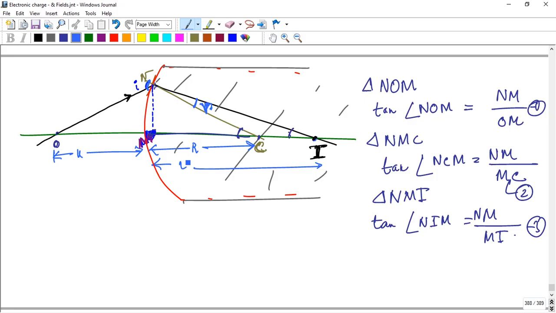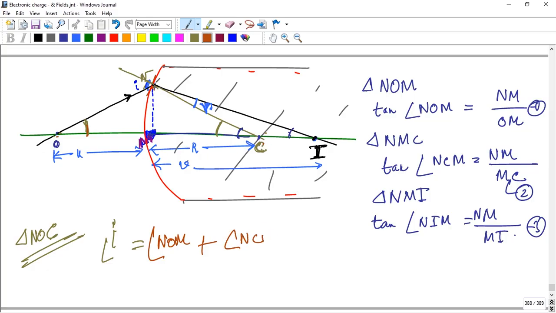Okay, and now see the triangle NOC. i is the exterior angle, that is equal to the sum of the two opposite interior angles, that is this angle plus this angle, because in triangle NOC, if I extend CN, the exterior angle is i and it equals the sum of two interior angles: i equals angle NOM plus angle NCM.